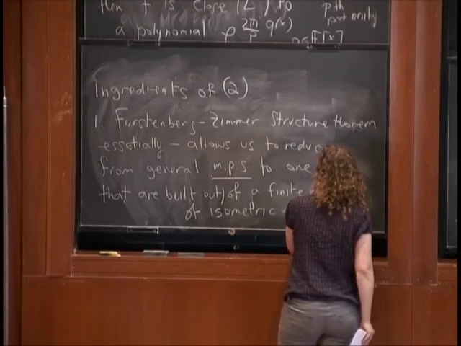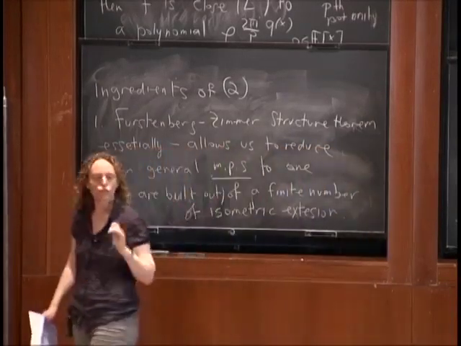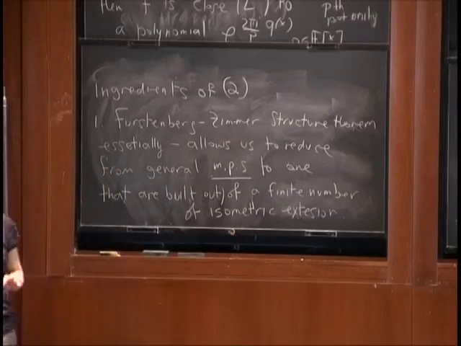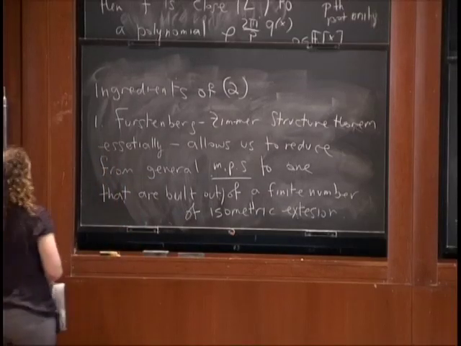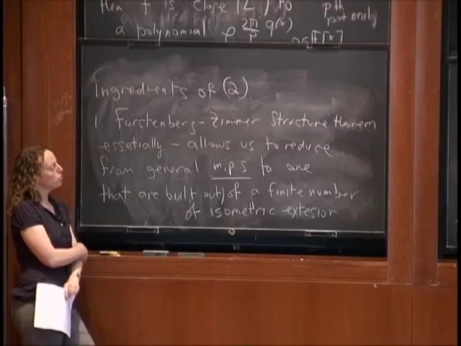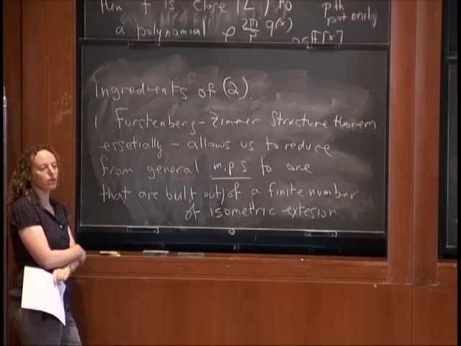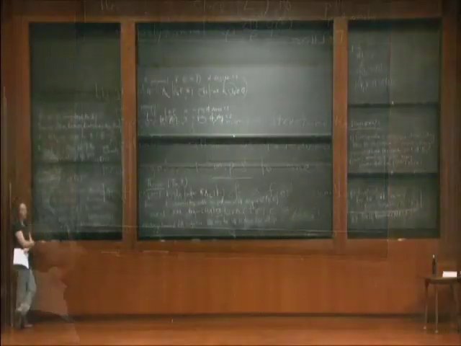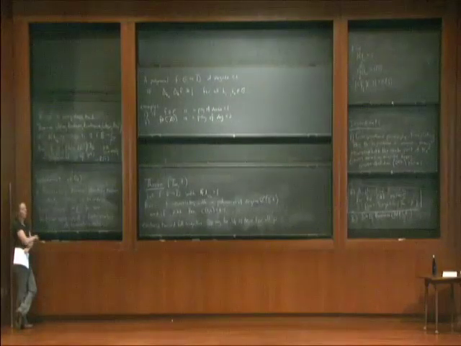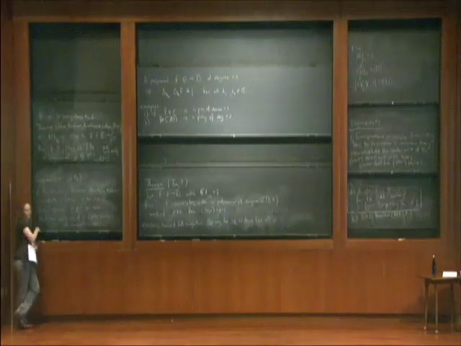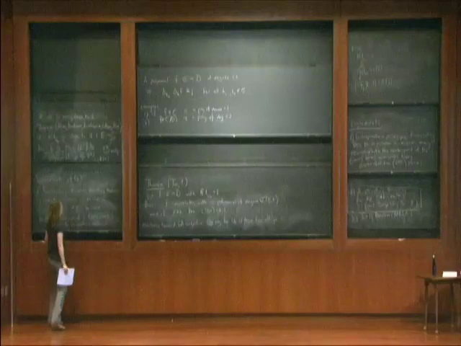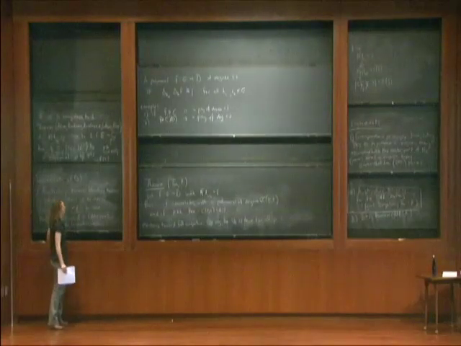But I won't say that. But there's a first structure theorem that already allows one to reduce to relatively structured measure preserving systems. I'm not going to say anything about this. It's not easy.